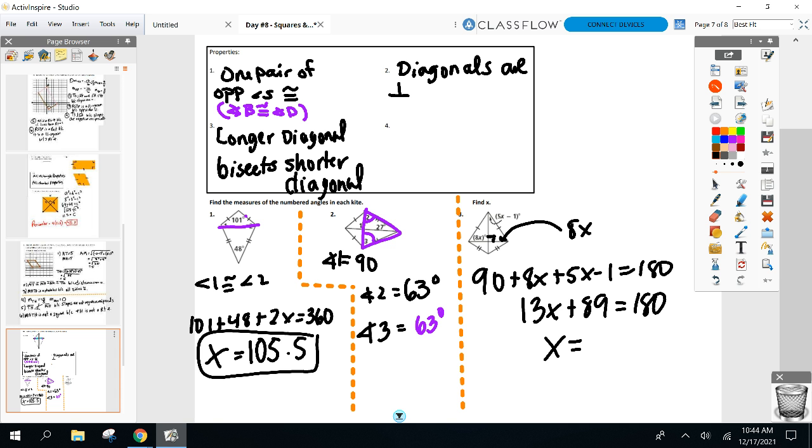Is that what it came out to be? I have 7. Yeah, I have that too. Move the 89 over. 180 minus 89, right? And then you divide both sides by 13. Yep. 7. Yeah. All right. You good there, Molly? Yeah.